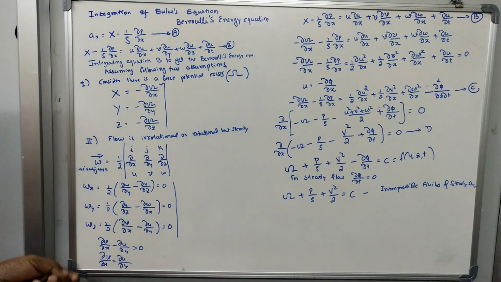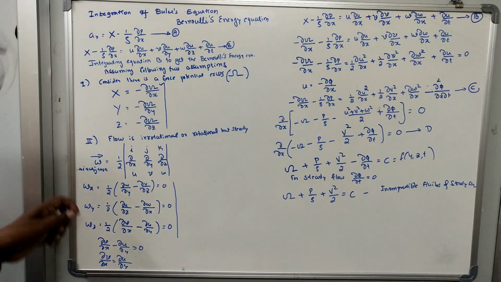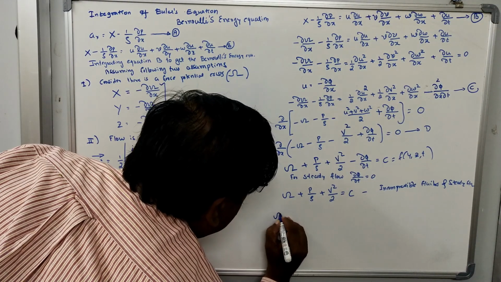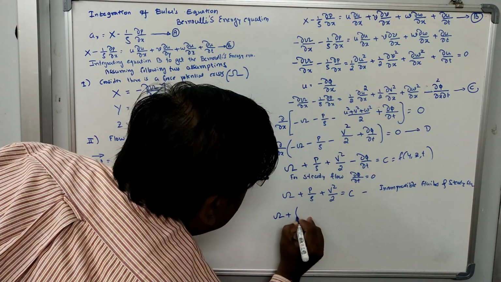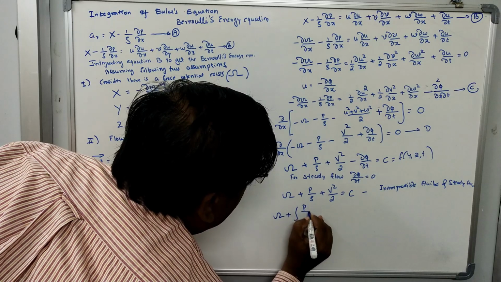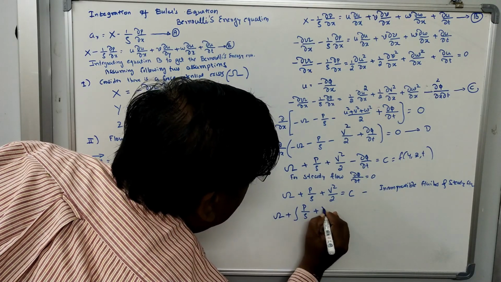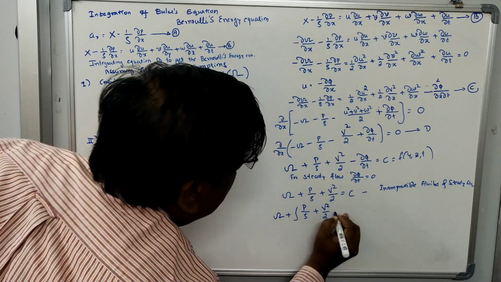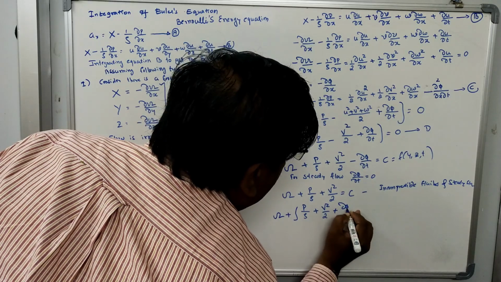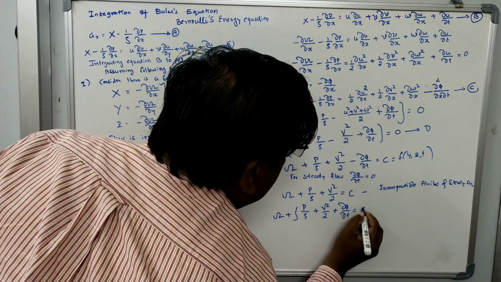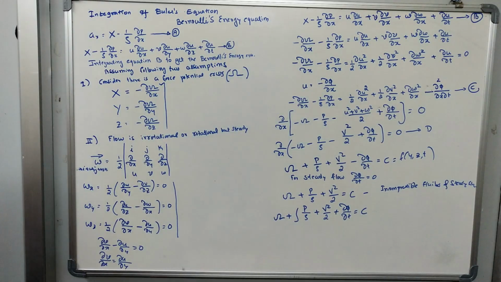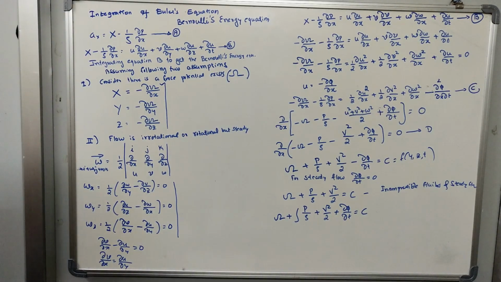If the fluid is compressible and for unsteady flow, this is the integration of dp by rho plus v square by 2 plus ∂φ/∂t is equal to c.